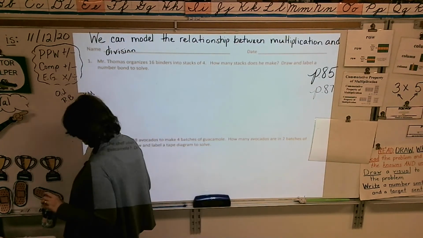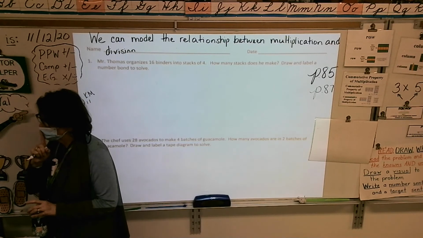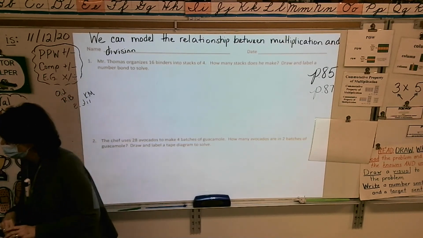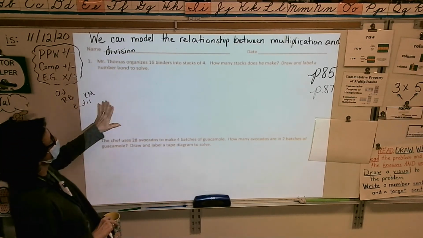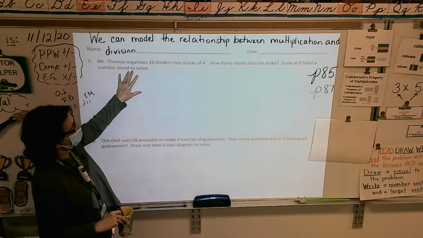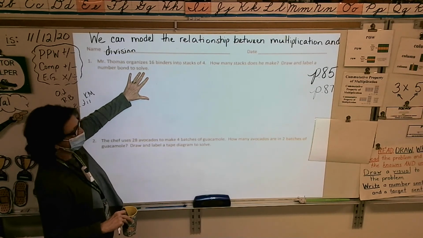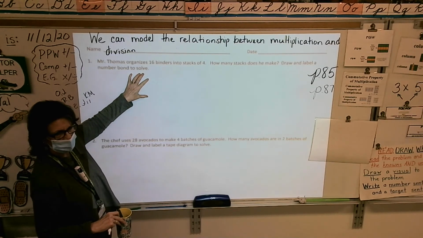Which one is 16? Oh, I'm sorry, thank you so much. It says draw and label a number bond to solve. So let's do this one together, because we haven't really done one with a number bond.